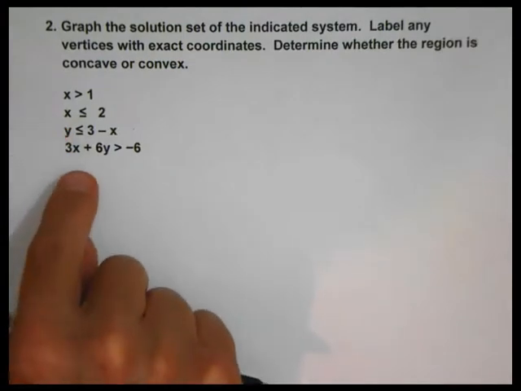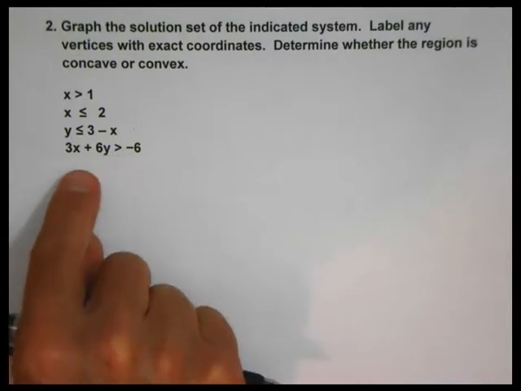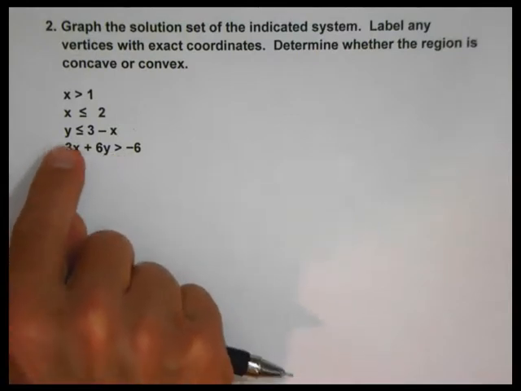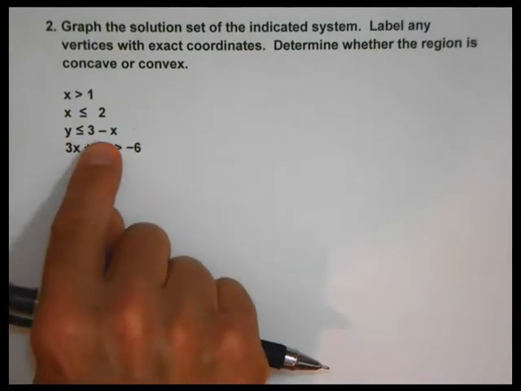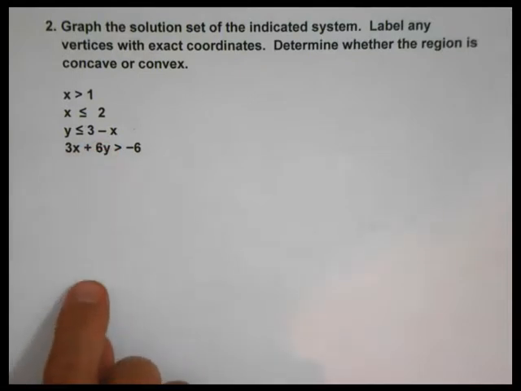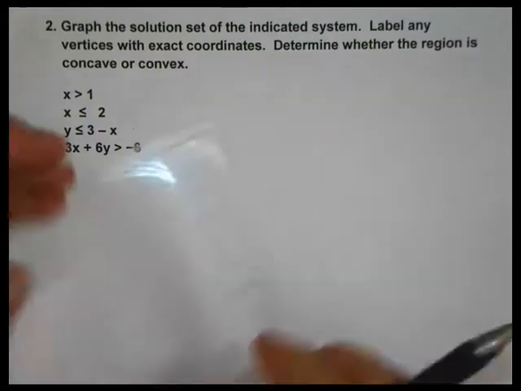Okay, third one, as far as the boundary line, the equality case goes, the intercepts. X is 0, y will equal negative 1. Y is 0, x will equal negative 2. Okay, looks like a coordinate system with x and y axes going from negative 5 to positive 5 will work.